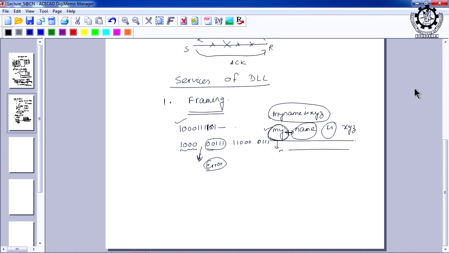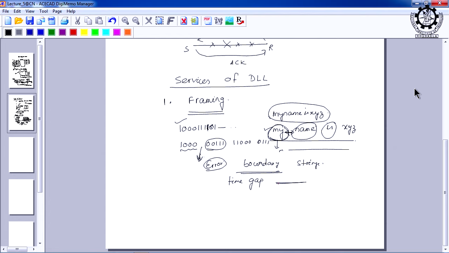So, the reason for explaining all this is to say framing is a technique which creates a boundary between the strings of data, and this boundary is created by giving a gap, a time gap, between a set of strings of zeros and ones.